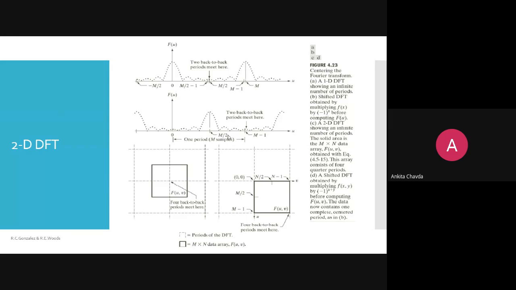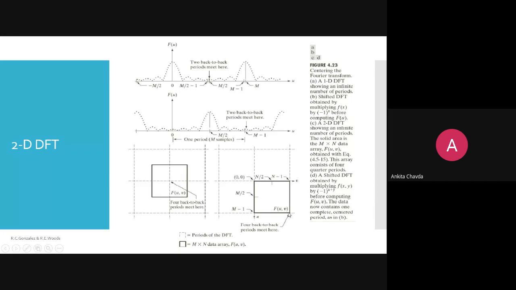Your origin is 0, 0, and the point at M by 2 is now your center, not the origin. In 2D the center is M by 2, N by 2. This is what they explained about 1D. The same thing applies to 2D: I would have my samples like this, and I need to shift them over here.